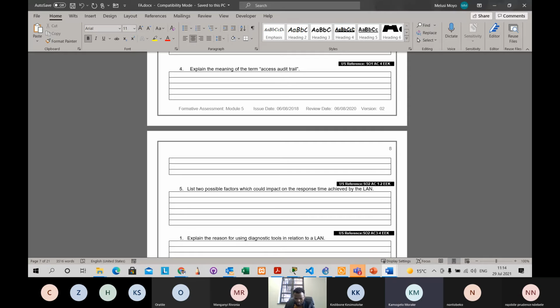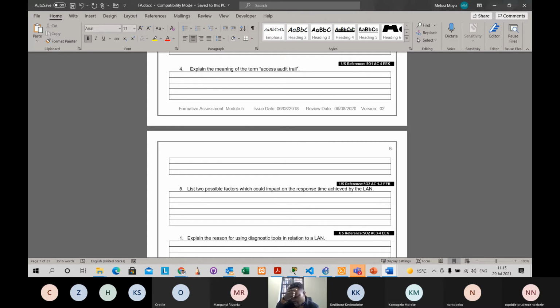I think it's a critical component of privacy and security monitoring. Yes, that's correct. That was question number 4: explain the meaning of the term access audit trail.